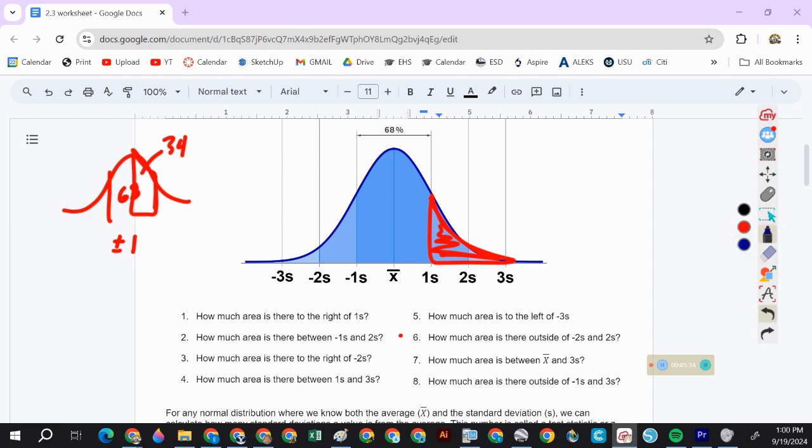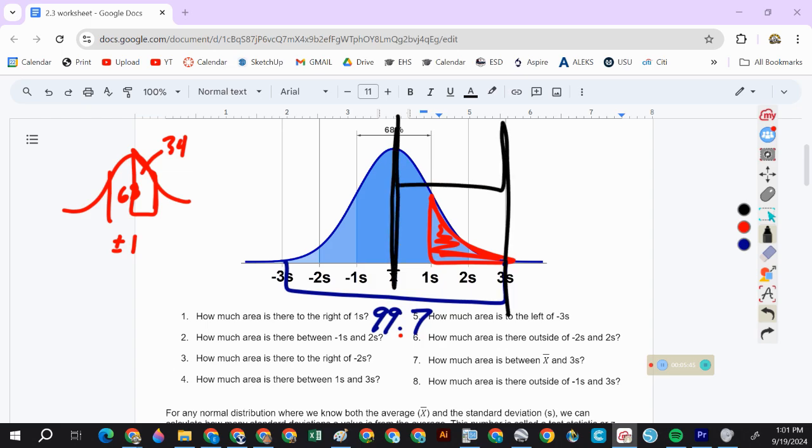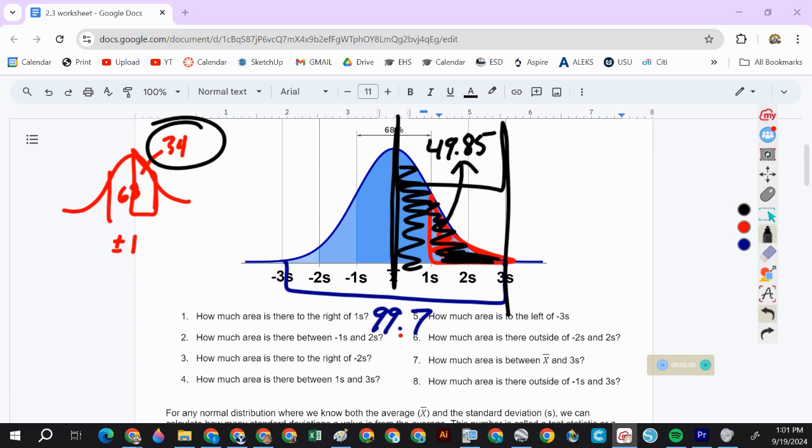Well, between 3 and negative 3 is 99.7. So how much area is there from here to here? Half of 99.7, what is that? 49.85, okay? And the red, this plus this must equal 49.85. So 49.85 minus 34 is going to be 15.85.